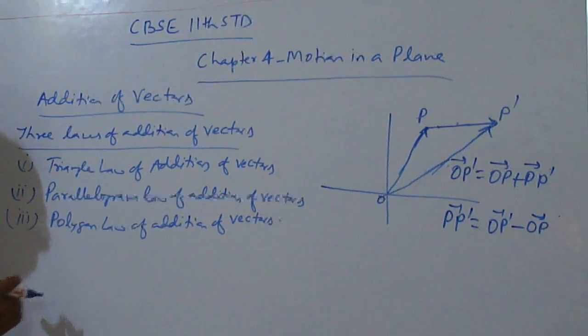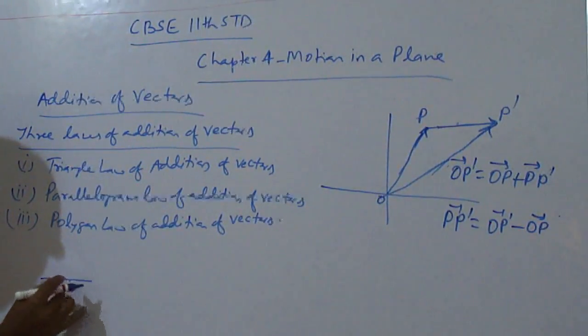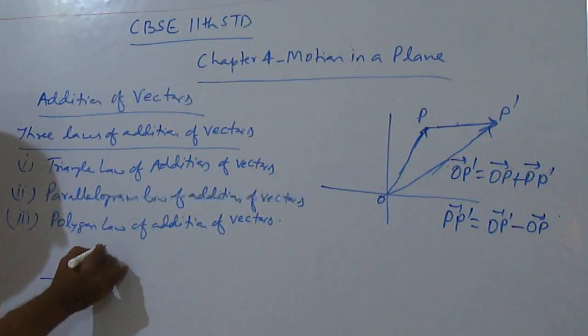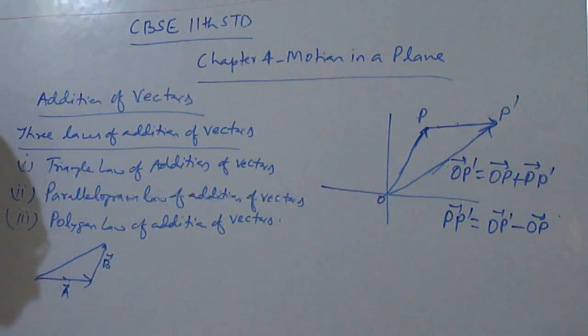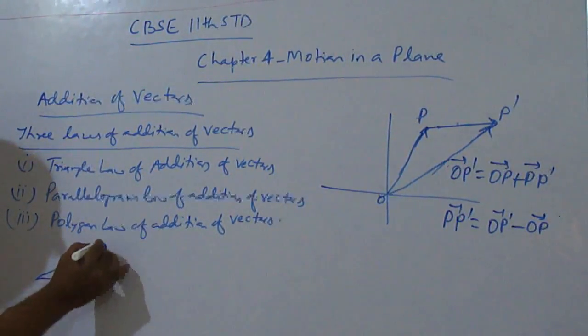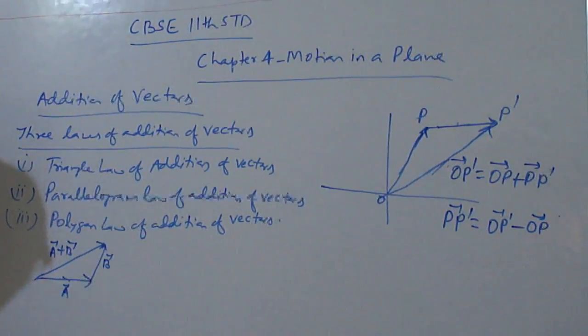Right. So in triangle law, we are creating a triangle by making the two vectors join together in this fashion, and then the third side is the resultant vector which gives the addition. So A plus B. I am just giving you an overview. So this is triangle law, correct?